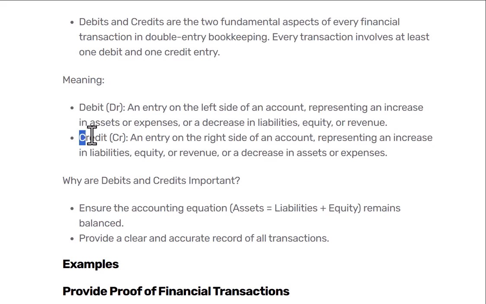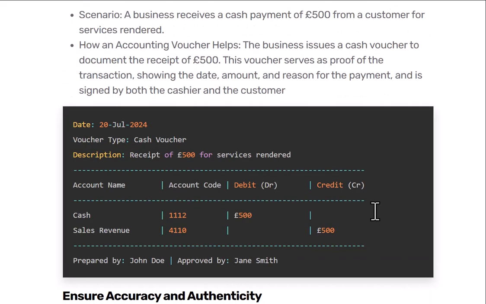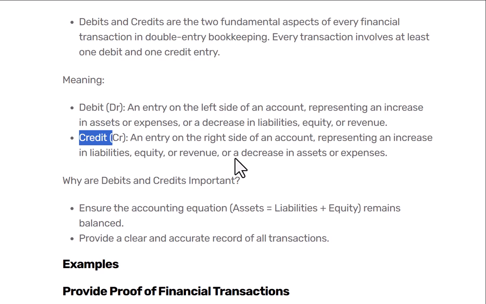Same thing for the credit. The credit is on the right side of the voucher and of the account, and represents an increase in liabilities, equity, and revenue. Look here, when we credited the revenue account, we increased it. But if I put it for an asset account or expense account, I'm decreasing it.